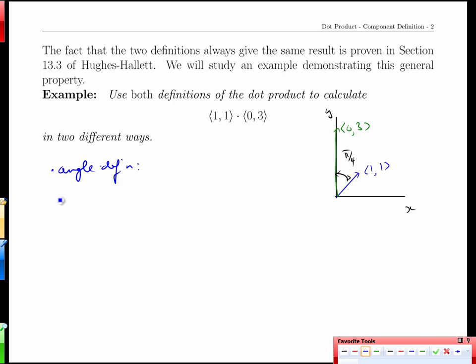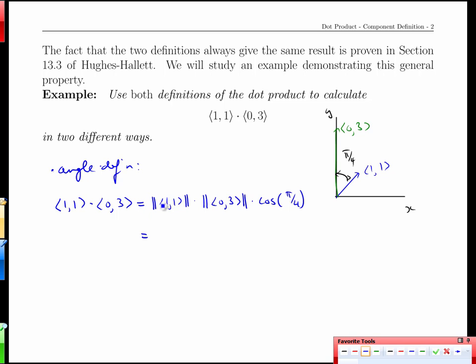So 1, 1 dotted with 0, 3 is going to equal the length of the 1, 1 vector times the length of the 0, 3 vector times the cos of the angle between those two vectors, which was pi over 4.